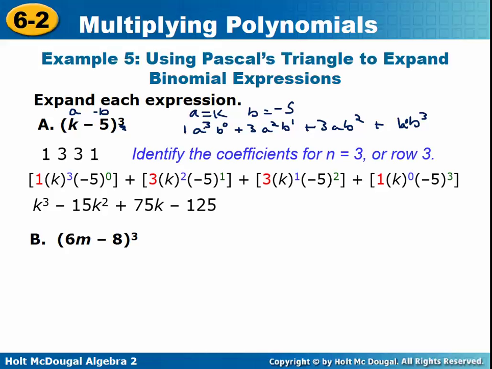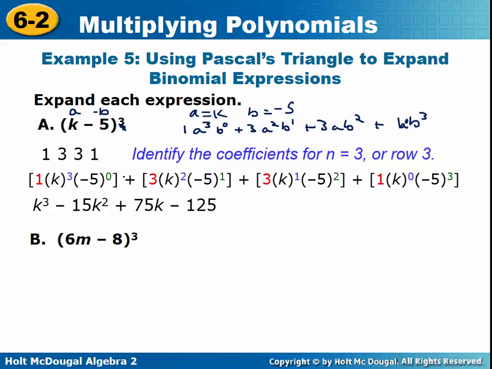So you see that first we start out with the first variable, a cubed, and then we square it, and then it's just to the 1 power, and then it's to the 0 power. So they're decreasing. At the same time, the other term, in this case negative 5, but our b, is increasing from 0 to 1 to 2 to 3.